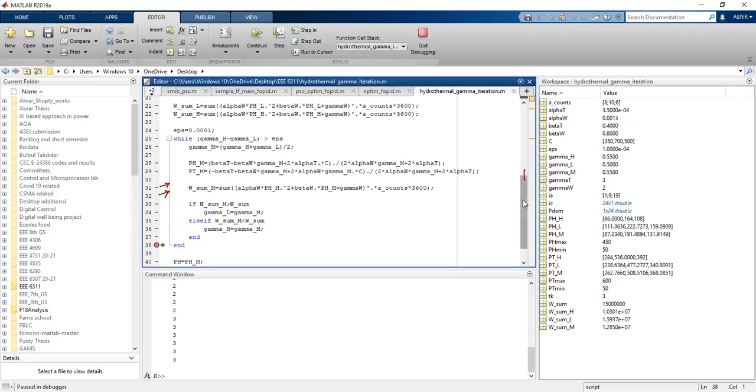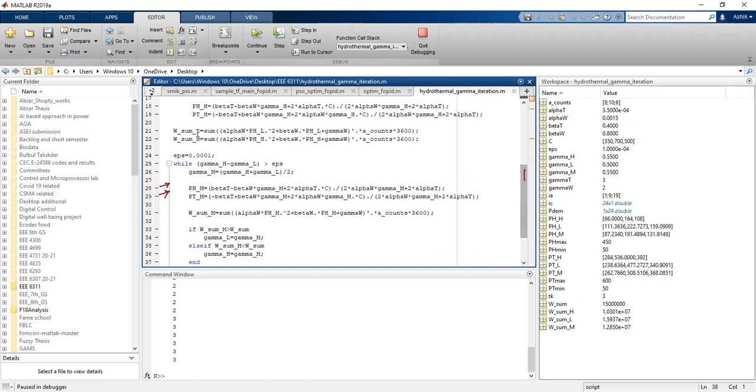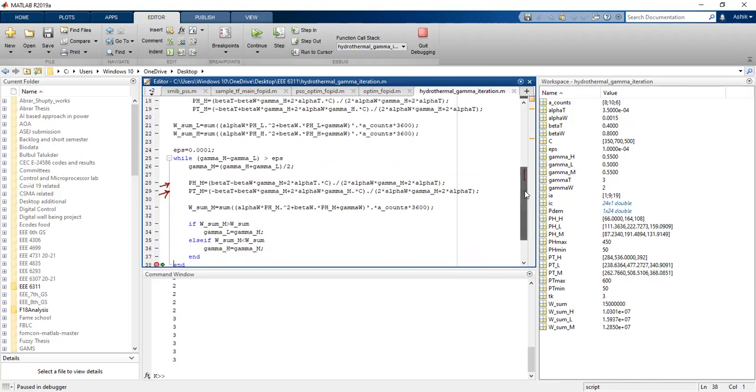Once it is run, you can see what is W sum L. It is 1.5937 for gamma L, that is 0.5. W sum H is 1.03 10 to the power 7, that is for gamma 0.6. So these two values of W are on either side of our W available, that is 1.5 10 to the power 7. So we are on target.